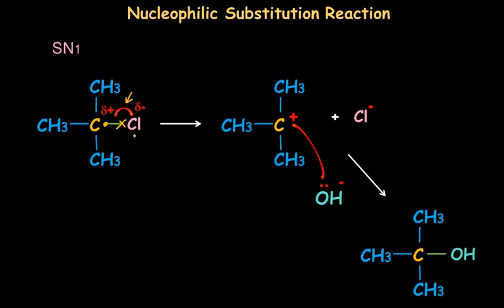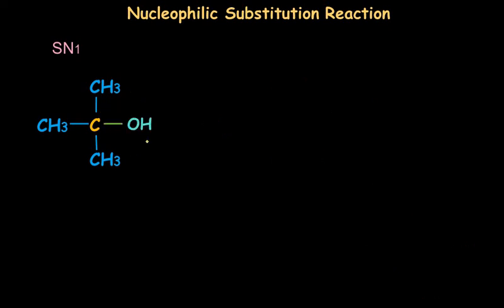Now here we have taken an example of chlorine, but in its place it can be a hydroxide ion being replaced by the incoming nucleophile. So let's see such a mechanism which will have exactly similar steps. The only difference is the incoming nucleophile and the part of the molecule which is being substituted.